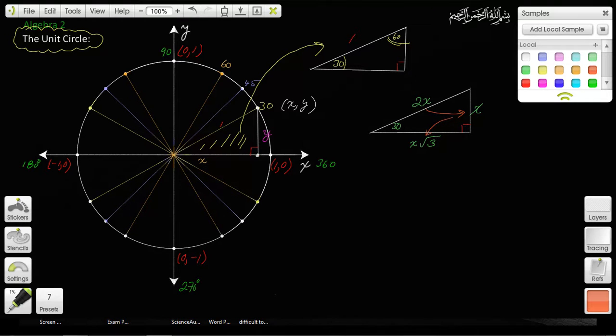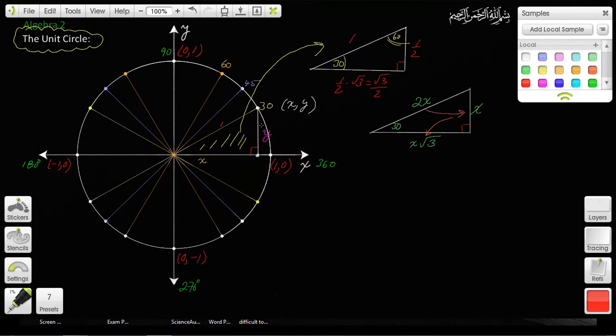Now, in our particular example, with the unit circle, the hypotenuse is 1. So the side across from 30 degrees would be half of the hypotenuse, or 1/2. And this side would be 1/2 times the square root of 3, or square root of 3 over 2. Correct? So that we understand, because this is a particular special circumstance. Number one, this is a unit circle, therefore the hypotenuse is 1 unit long.